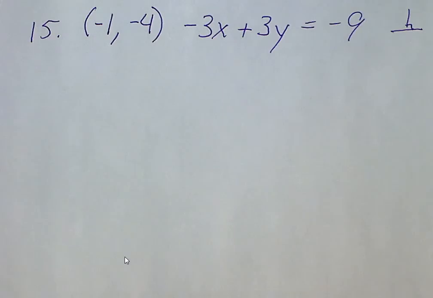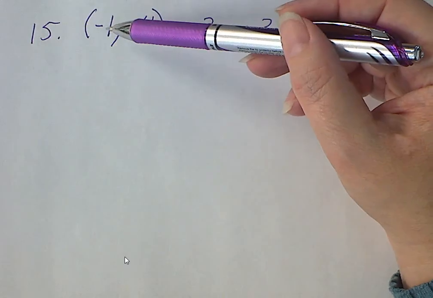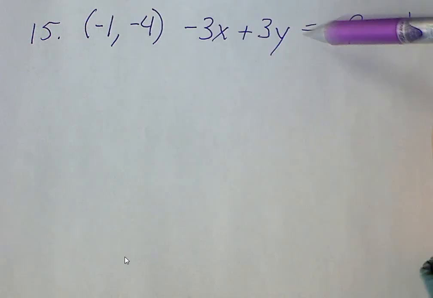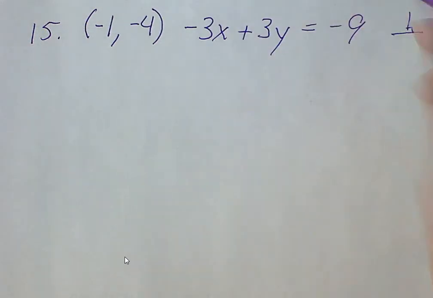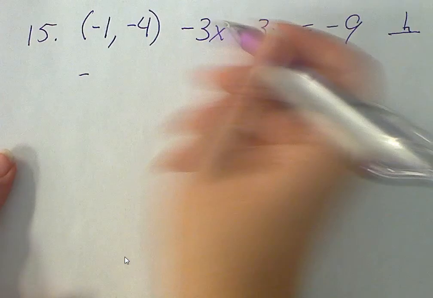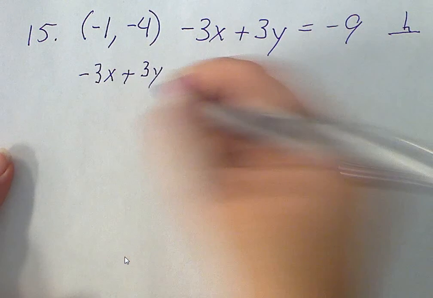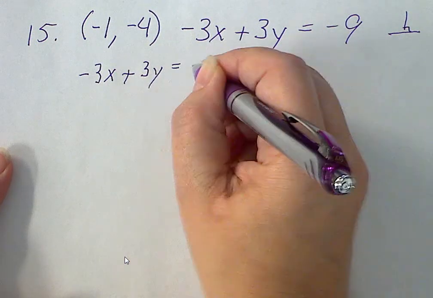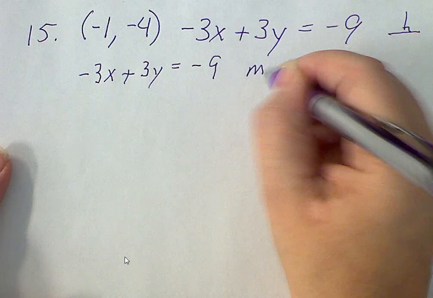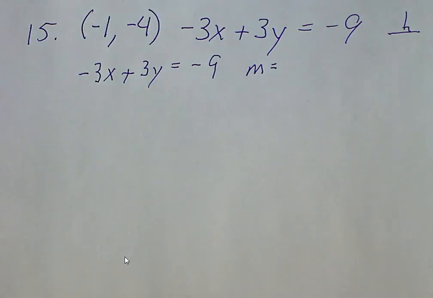It wants the equation that goes through this point perpendicular to this line. Okay? So, my first question to you guys is if I have negative 3x plus 3y is equal to negative 9, how can I find the slope of this line? So what do I have to do? I have to solve for y.